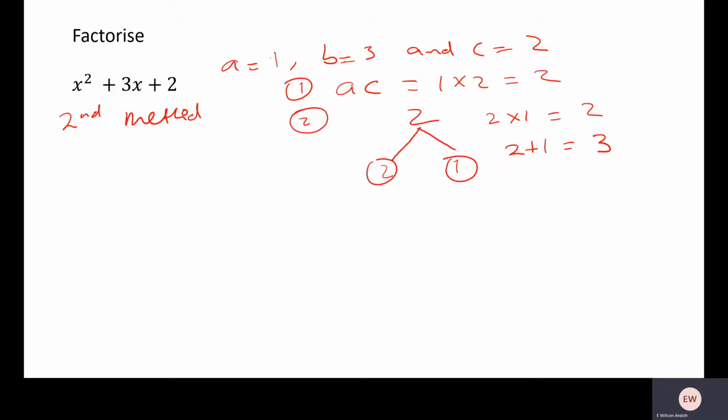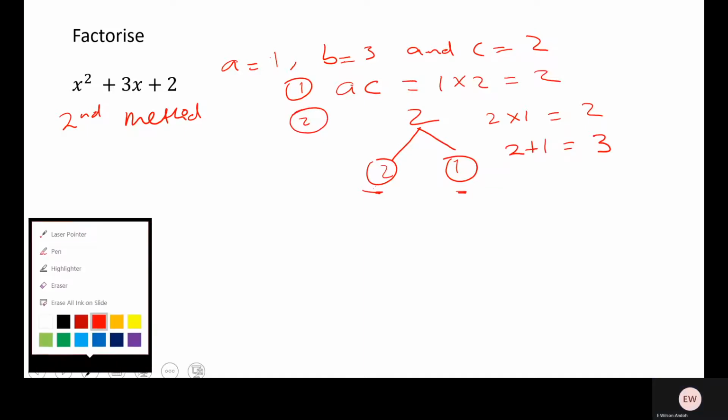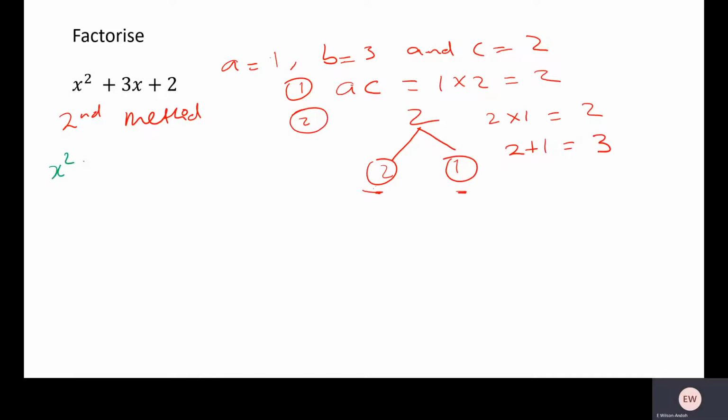So these are the two factors. Now that we have found the two factors, we want to rewrite our original expression using them. Now we know that B is the same as 2 plus 1. So we are going to write this as x squared plus, instead of 3, 2 plus 1.